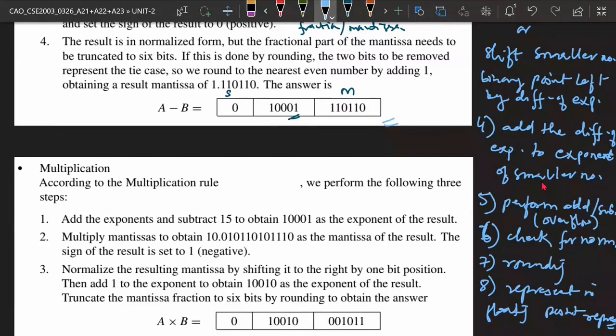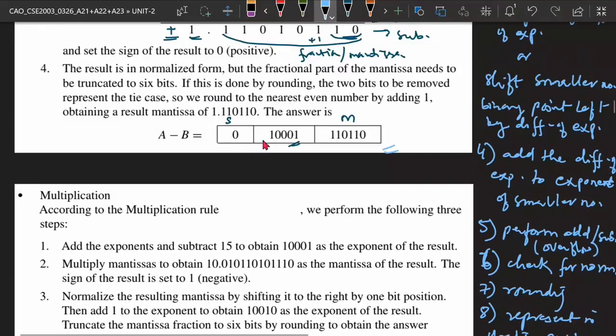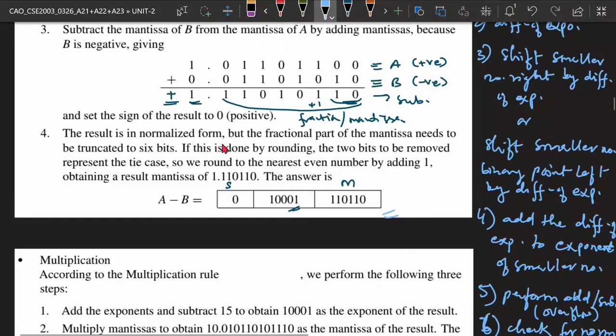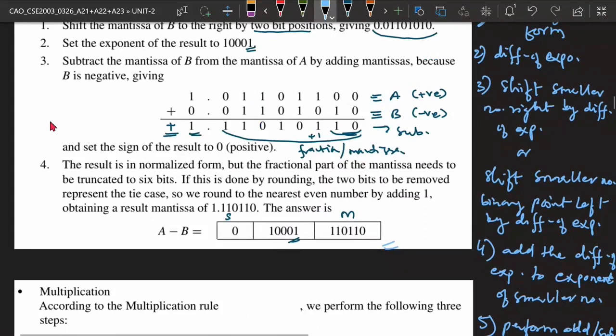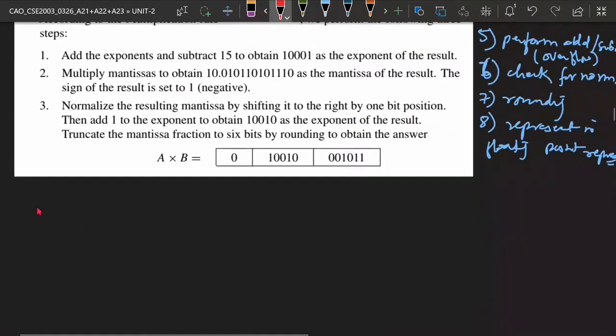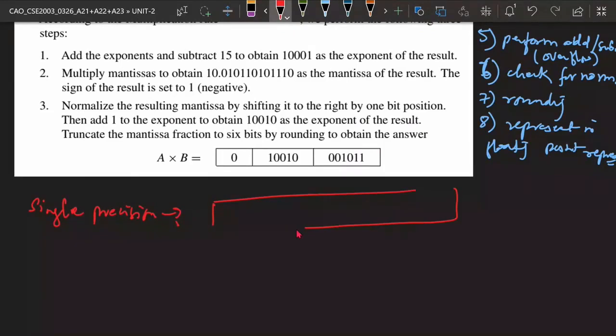So for overflow, suppose we are representing it in single precision. In single precision, the format is: for sign, we use 1 bit, and for the exponent, 8 bits, and for magnitude, 23 bits.